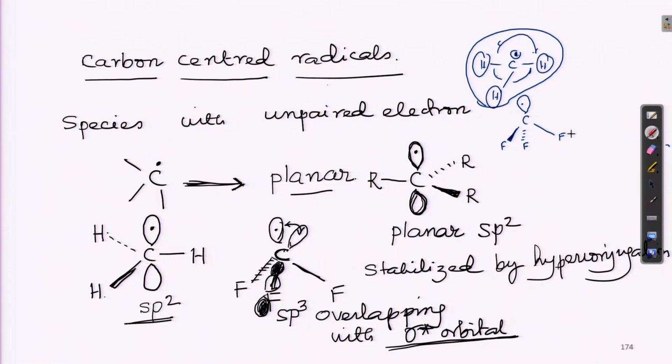What happens when there are very highly electronegative elements like fluorine attached to this carbon?